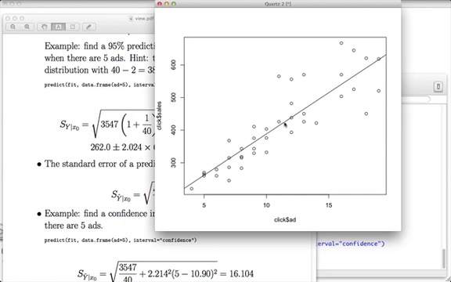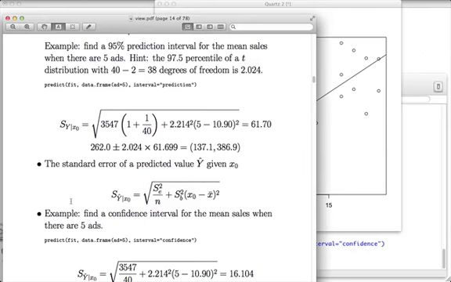So small changes in the slope produce big changes out here, much smaller changes out here. If we have sampling variation in the slope, you're going to see more effect out on the extremes than in the middle.